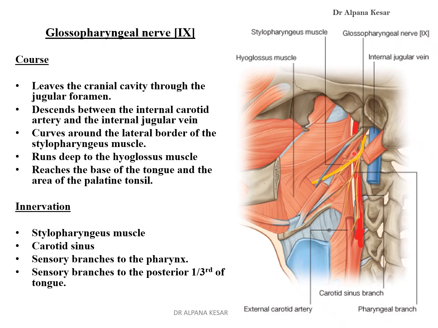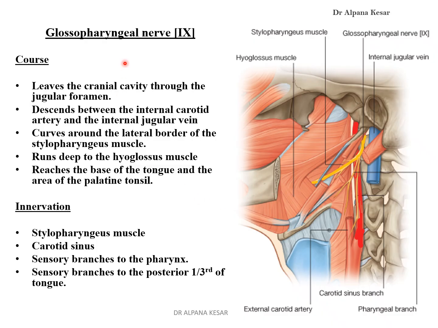This is stylopharyngeus. After that, it passes forwards and then it passes deep to hyoglossus muscle. This is the hyoglossus muscle. Finally, it reaches the base of the tongue and the area of the palatine tonsil, where it is sensory to the structures.